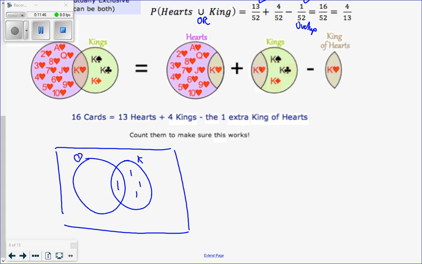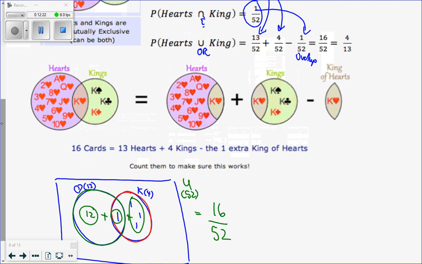And in my hearts, so there's 13 hearts and there's 4 kings. So this whole circle has to add to give 4. This whole circle has to add to give 13. So that means there's going to be 12 more things in there. If you did it that way, you could forget the formula entirely and just go 12 plus 1 plus 3, which is 16. My universal set is every single card. So 16 out of 52. And you'll get the exact same answer.